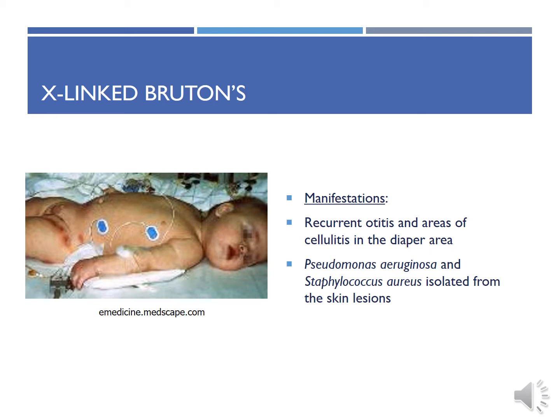They typically will have recurrent otitis and cellulitis in the diaper area, and organisms cultured from these different regions include Pseudomonas aeruginosa and Staph aureus. Also, many patients commonly develop sinopulmonary infections, mainly from strep or Haemophilus influenzae.